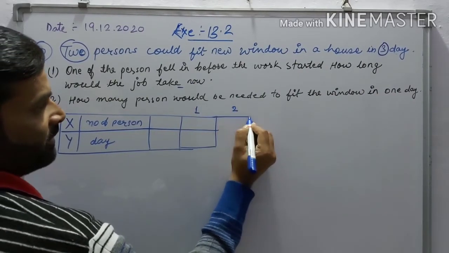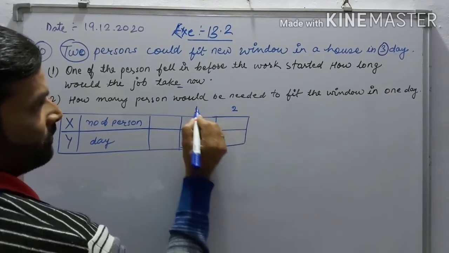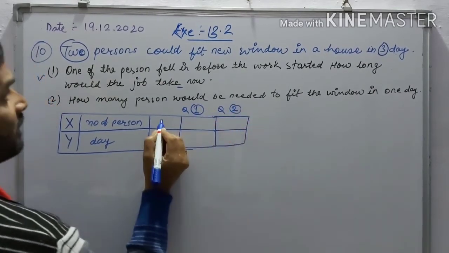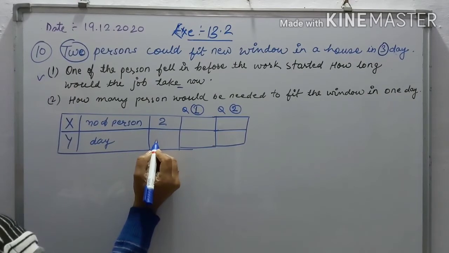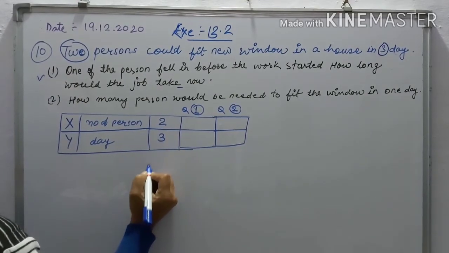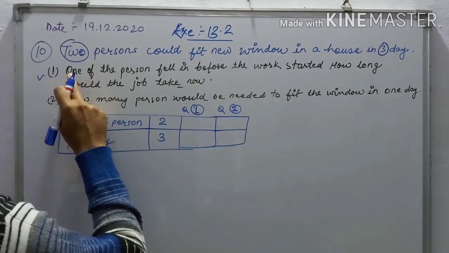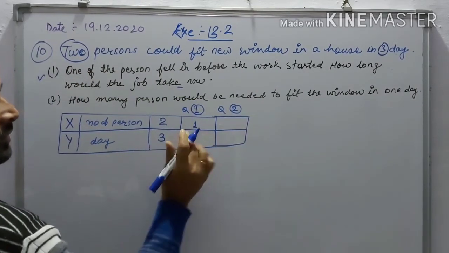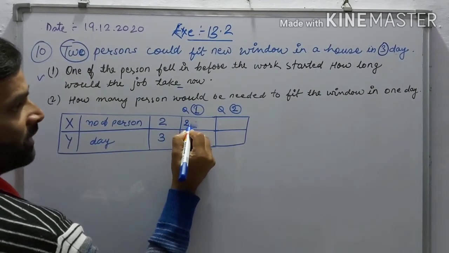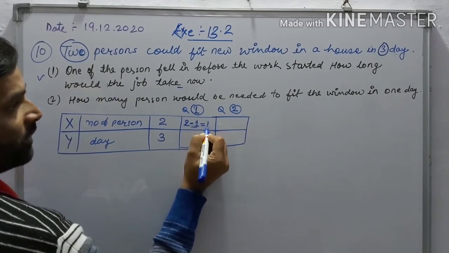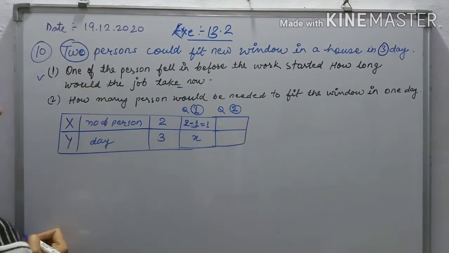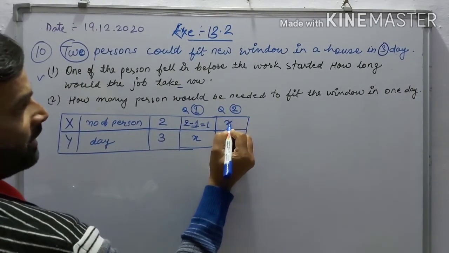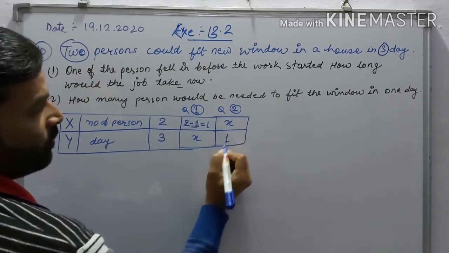Here is the second question. The number of persons is 2, the number of days is 3. The first question asks, one person is left, meaning 2 minus 1 is equal to 1, and the number of days is unknown. And the second question is, how many persons will be required if the number of days is 1.